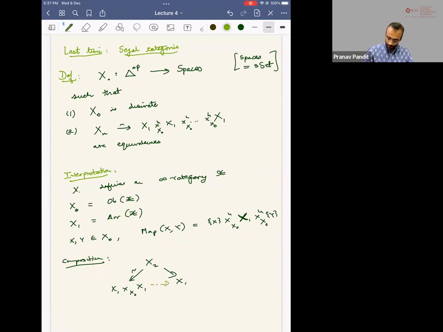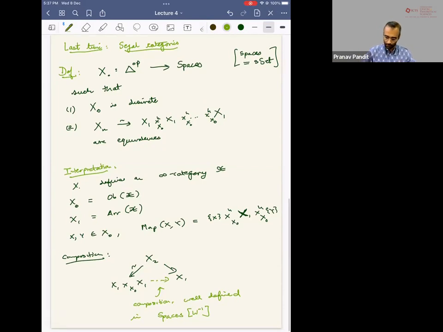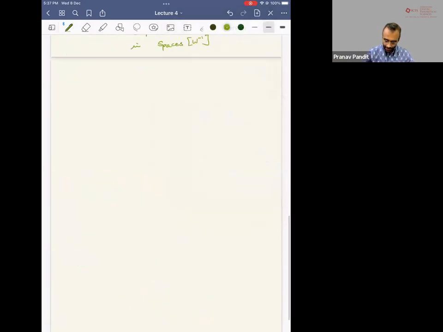So this map, composition, is a well defined map only in the homotopy category of spaces, so spaces after inverting the equivalences, because you want to invert the left pointing arrow so that you can compose the inverse of the left pointing arrow with the forward pointing arrow. But that inverse only exists when you formally invert weak homotopy equivalences. So that was the idea.